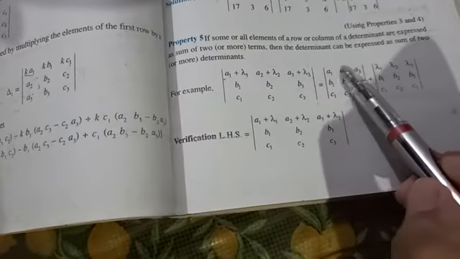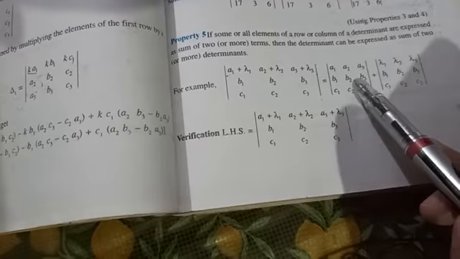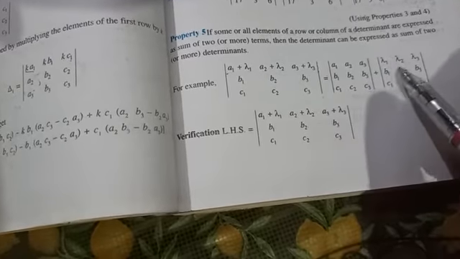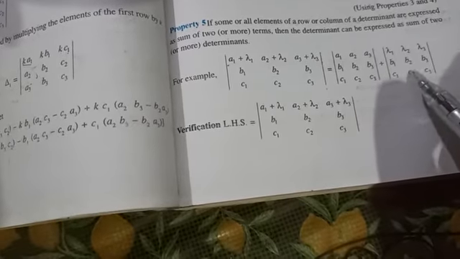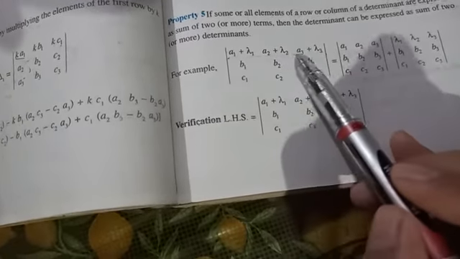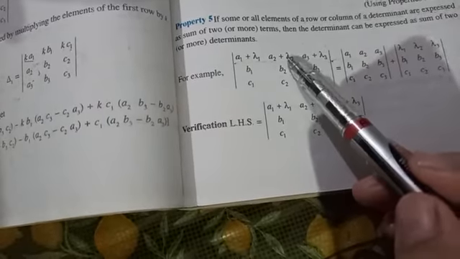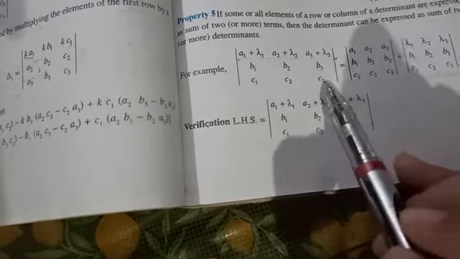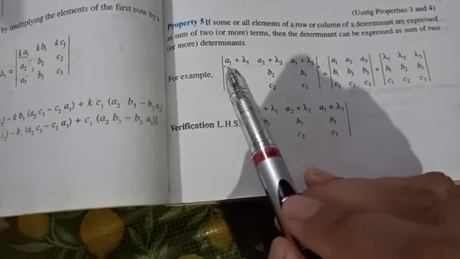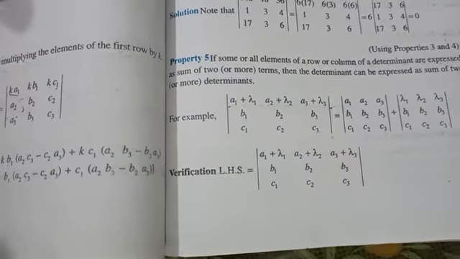One determinant will comprise A1, A2, A3 with B1, B2, B3, C1, C2, C3, and another will be lambda 1, lambda 2, lambda 3, B1, B2, B3, C1, C2, C3. So the sum must be present in the same row. Suppose lambda 3 was present elsewhere, then you cannot break it. To break this determinant, the constant number or element must be present in the same row or the same column. Then only you can break it. Okay, this is property number 5.